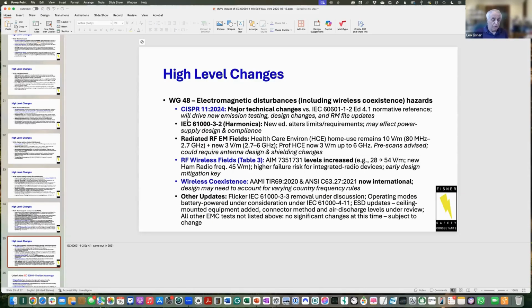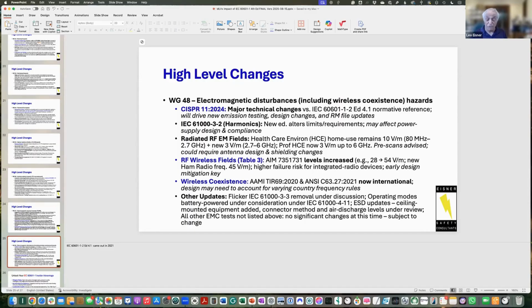CISPR 11 in the 1-2 standard that exists currently, edition 4.1, is based on a 2021 edition of 1-2. So CISPR 11 is before 2024, which is on this slide here. So the requirements will change when it gets pulled into the Working Group 48 electromagnetic disturbances section. So the 1-2 requirements are going to update, which is going to pull in these 2024 requirements.